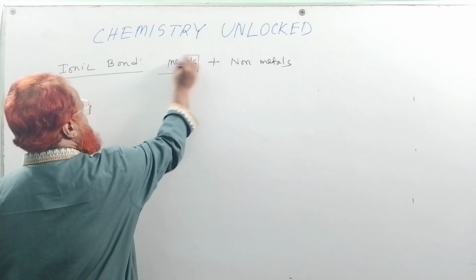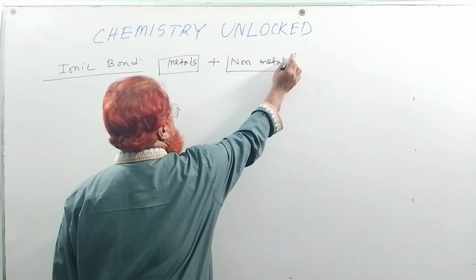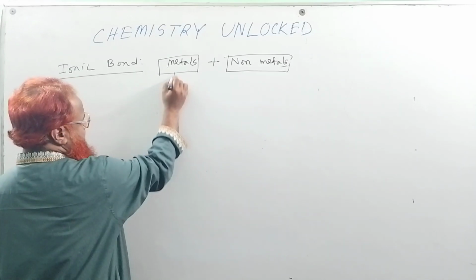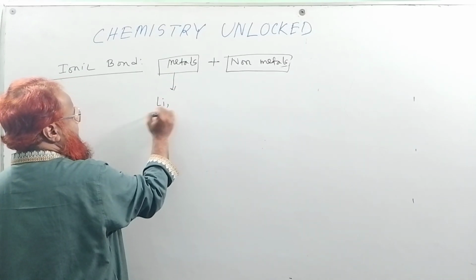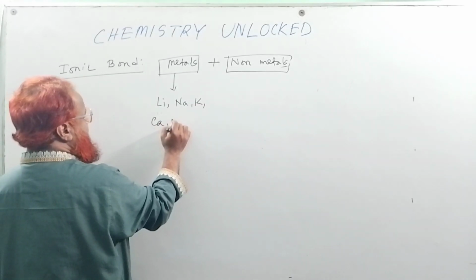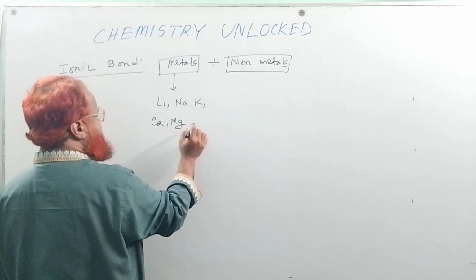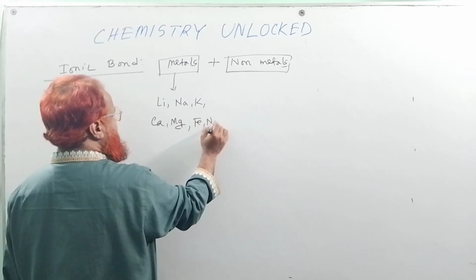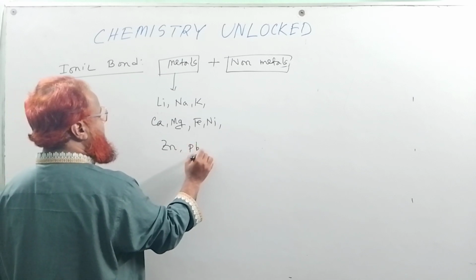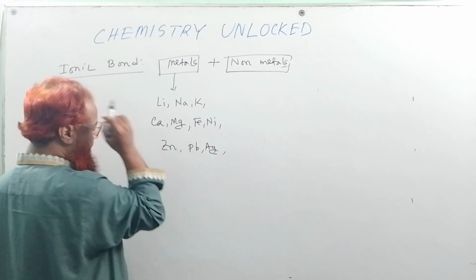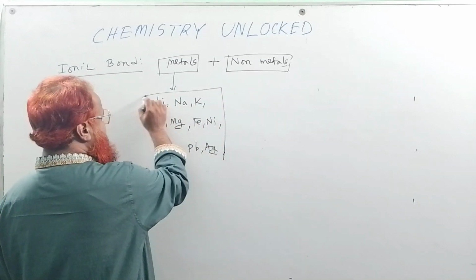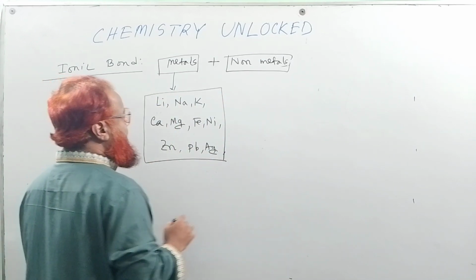So we have to know a very short list of very common metals and non-metals. For example, lithium, sodium, potassium, calcium, magnesium, iron, nickel, zinc, lead, silver, etc. These are the very common metals.